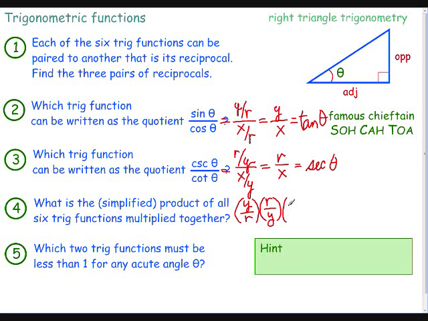Because when you put in those 3 basic ones, and then you multiply the reciprocal, what's going to happen? So I'm writing out all 6 ratios. And you can see what's going to happen there.